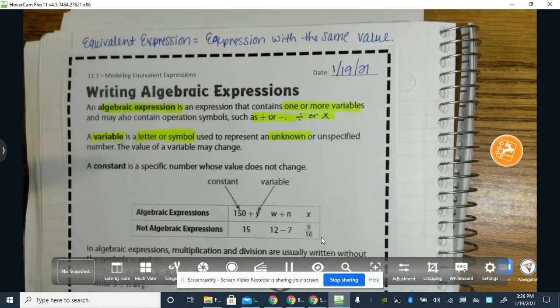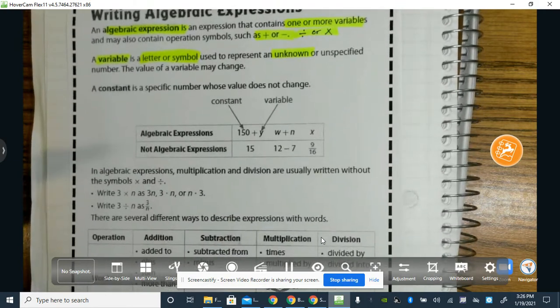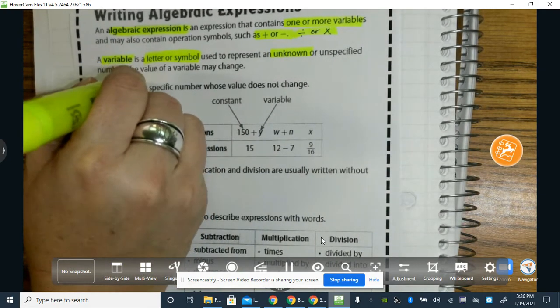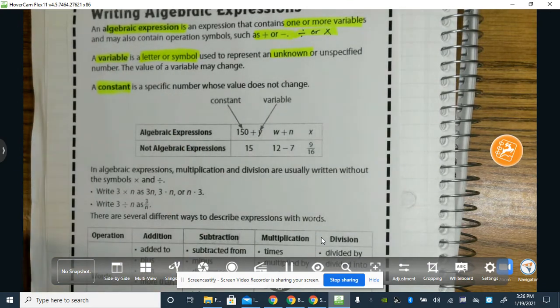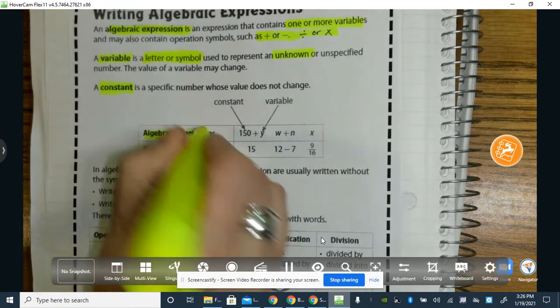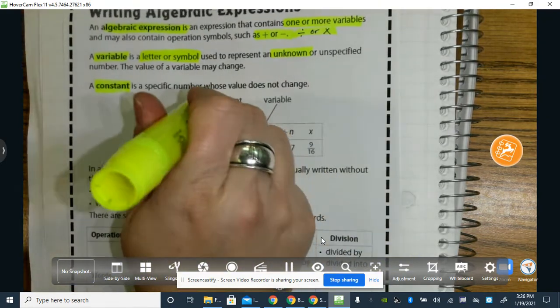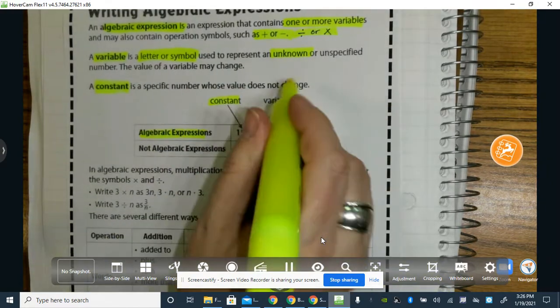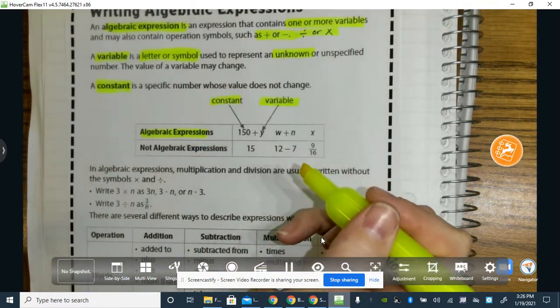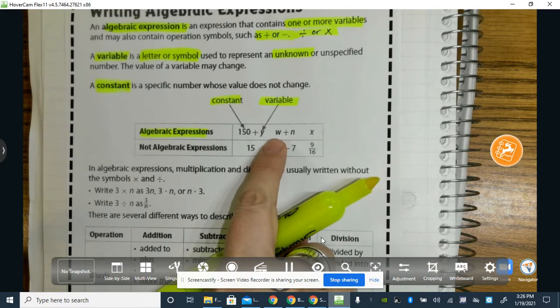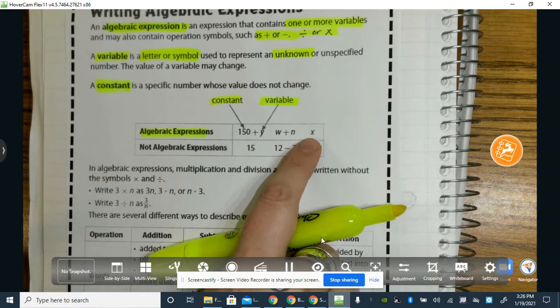Okay, now we have the word constant. A constant is a specific number whose value does not change. It stays the same. It's a constant. So when we have algebraic expressions, 150 plus y, well, that 150 is the constant, and that y is your variable. Okay, w plus n, x.